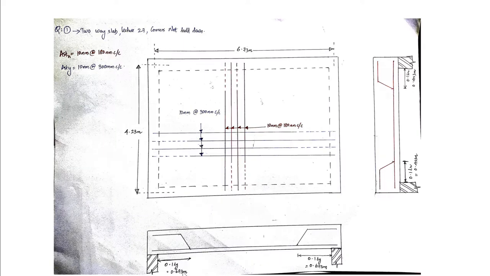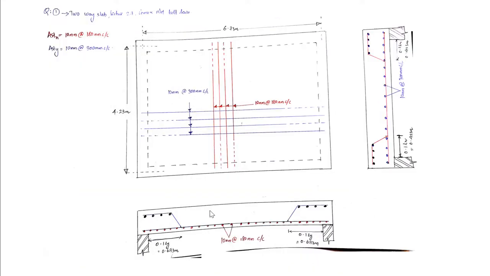See, at 0.1 LY it will be bent, that is 0.673 meter it will be bent. Now you can see the complete figure of this, that is 0.1 LY, it is bent here. This is 10 mm at 180 mm center to center. Here also ASTX is the highest one, so we will provide it at the bottom and ASTY will be placed above it. When you see here, ASTY will be above ASTX.